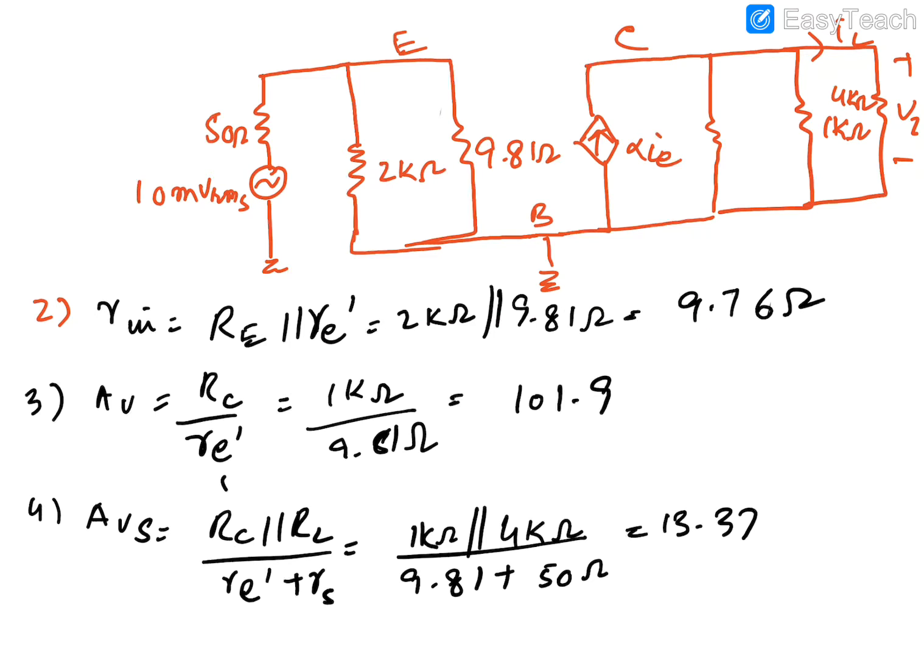Now the open loop voltage gain, as we have found its formula, is equal to capital Rc divided by Re dash, which is equal to 101.9. The overall voltage gain is equal to the parallel combination of Rc and RL divided by Re dash plus Rs, and it is equal to 13.37.